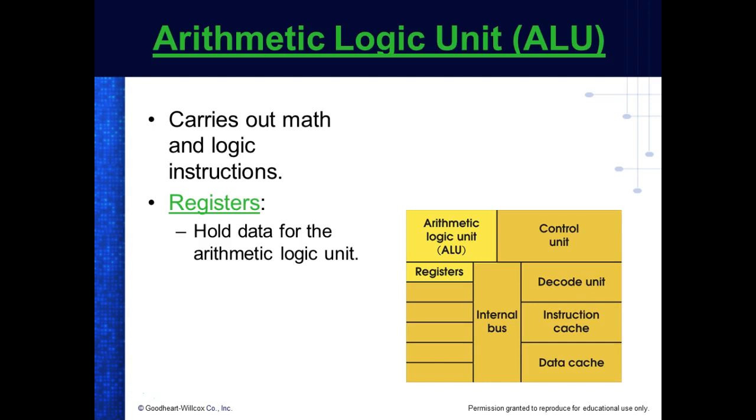So we call this machine language. Microprocessors speak their machine language. Different processors have a different machine language. So it's just like you've got an Android phone. It has a different machine language than an iPhone, right?